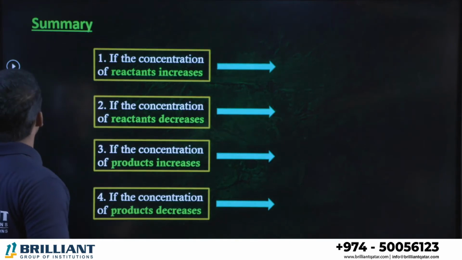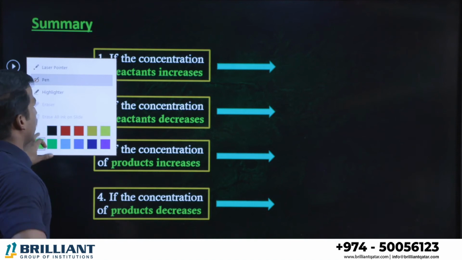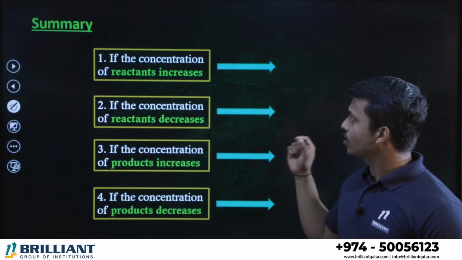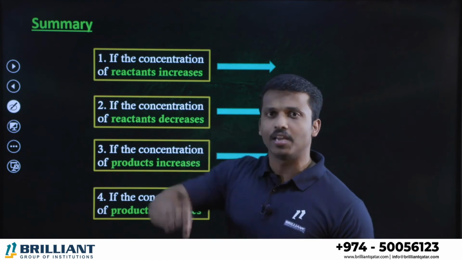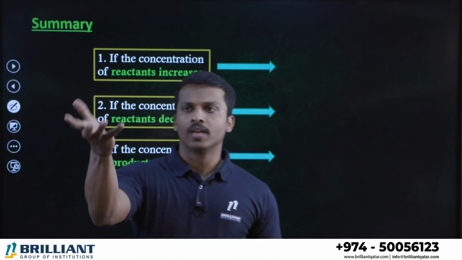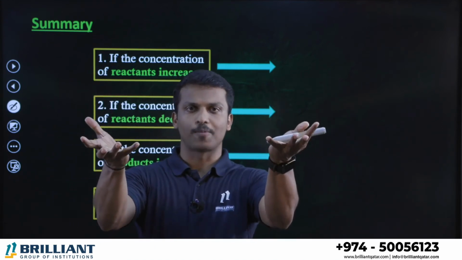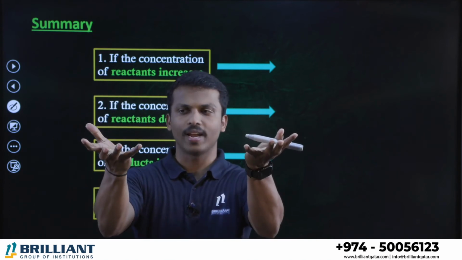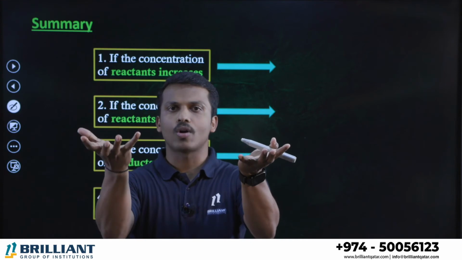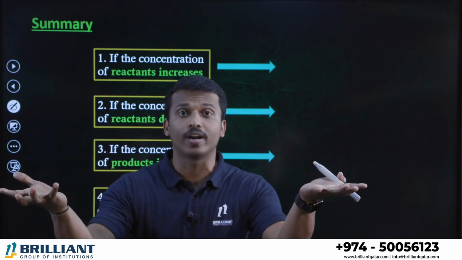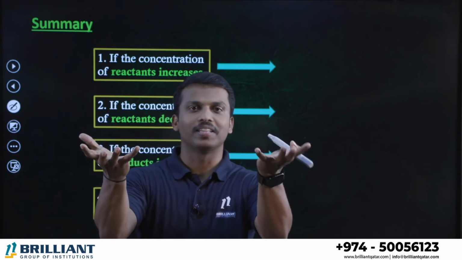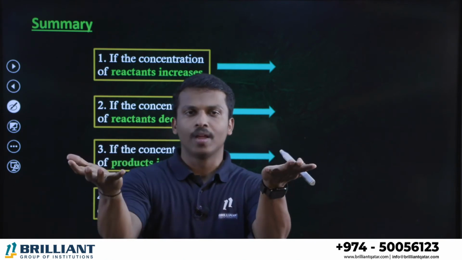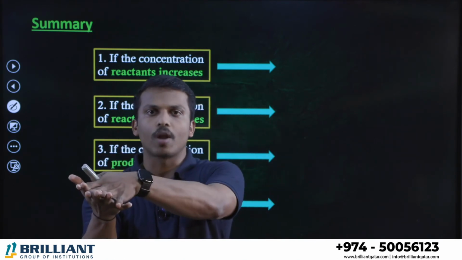See, we can say the summary like this. First one, if the concentration of reactants increases, all of you listen, this is the reactant, here is the product. Reactant to product is called forward, product to reactant is called backward.